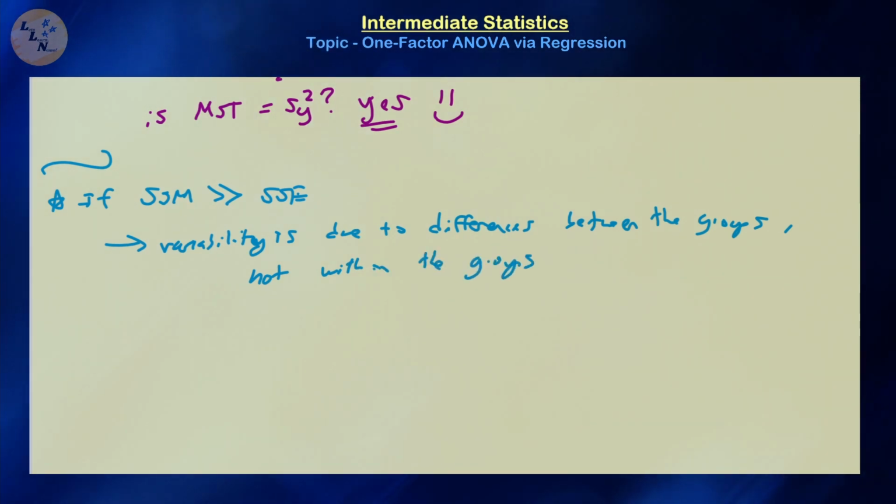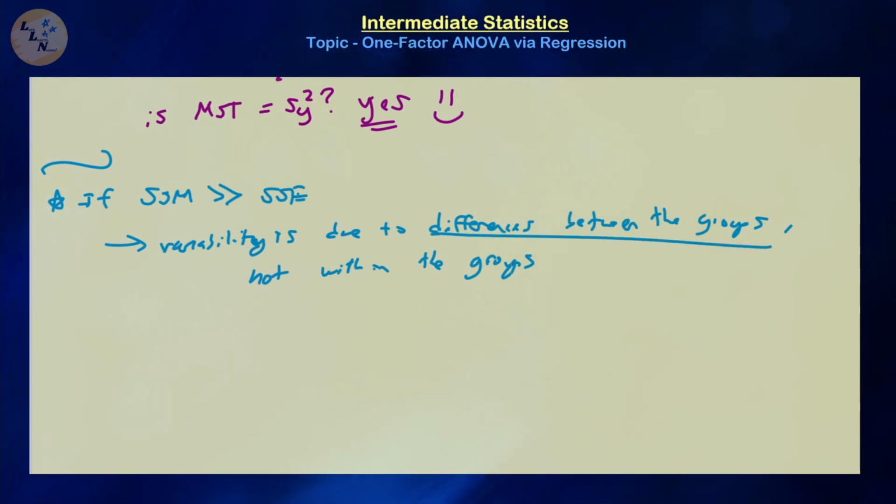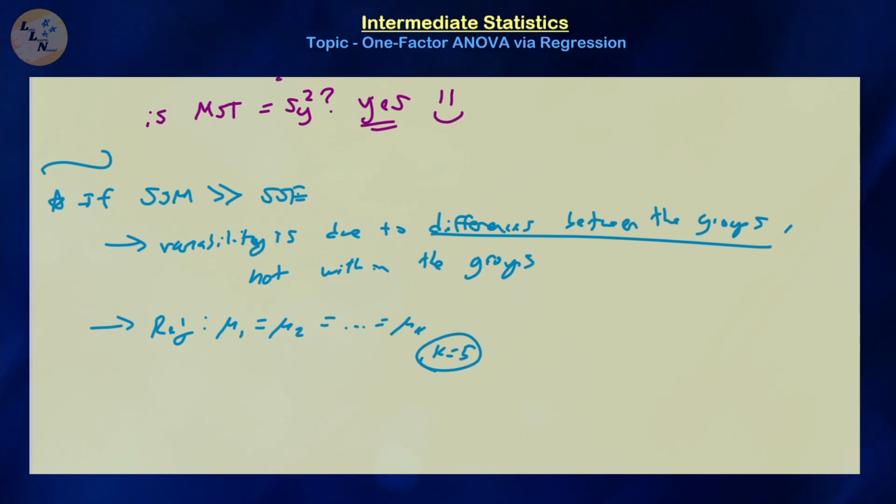Right? Because our variation is split into two pieces, within each of the groups and across each of the groups, right? And if the variability is due to differences between the groups, what does that mean? That means we do have evidence to believe that the means, mu1, mu2, all the way down to say mu k, where k is equal to 5 for our particular example, are substantially different.